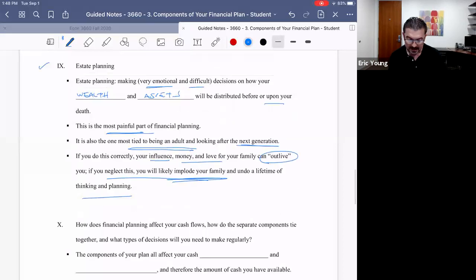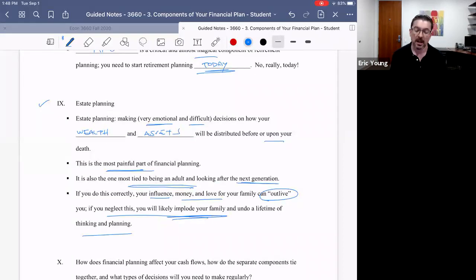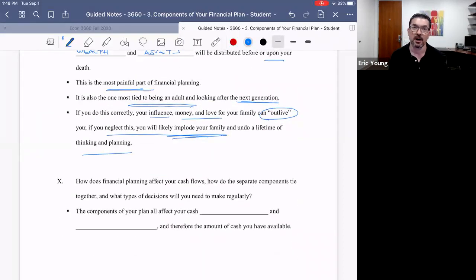Okay. Estate planning, it's a difficult one. It's because it means that you're gone or you're going to go. But at the same time, this is really the one that's most tied to being an adult. You do it well, and your influence can actually extend beyond your mortal human years. You do it poorly, and you're going to probably implode your family.